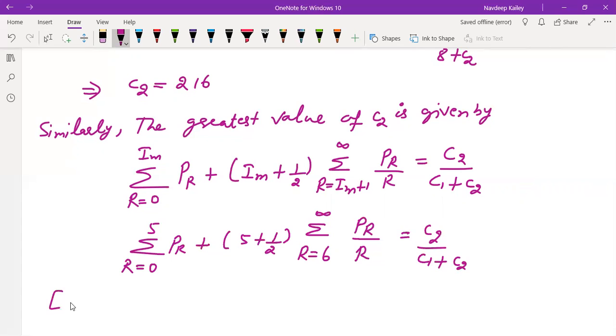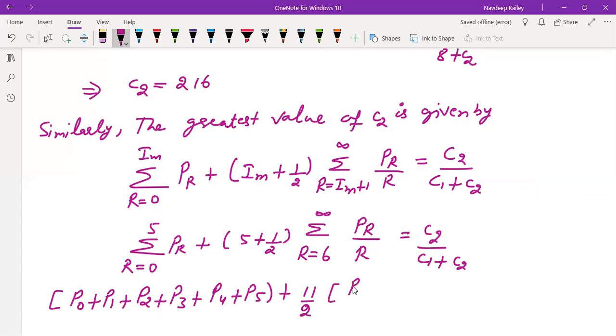This becomes P0 plus P1 plus P2 plus P3 plus P4 plus P5 plus 11 by 2 times P6 by 6, P7 by 7, P8 by 8 is equal to C2 by 8 plus C2.